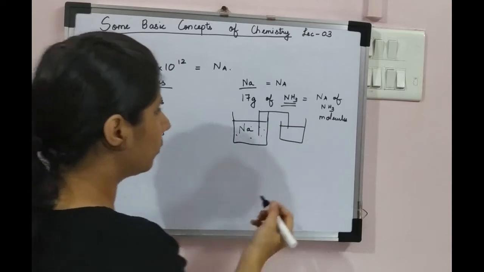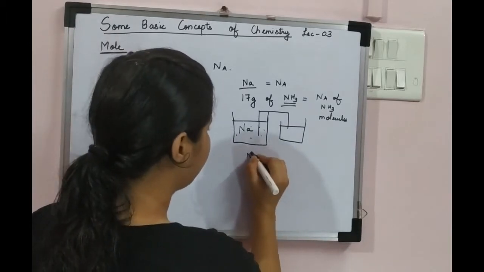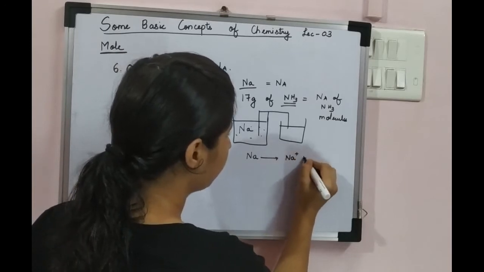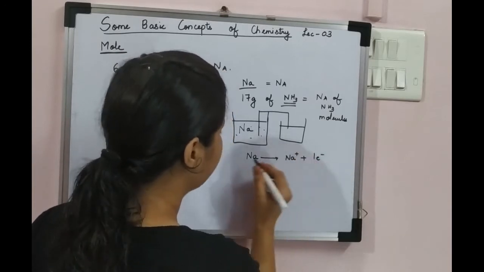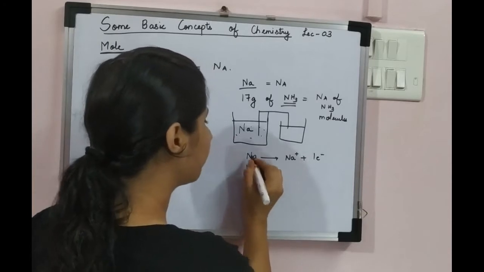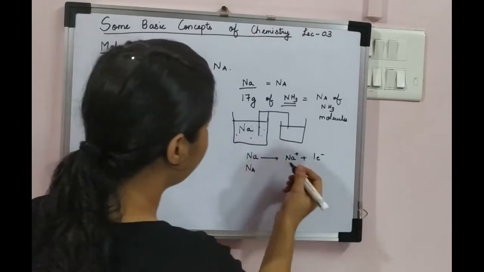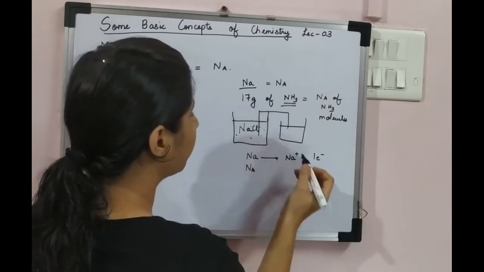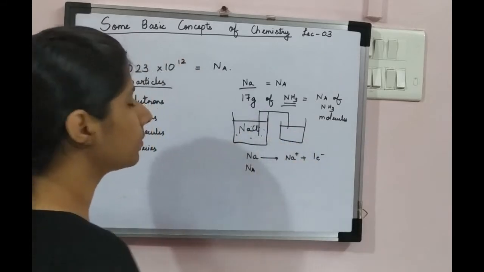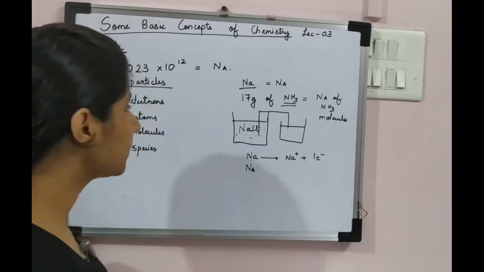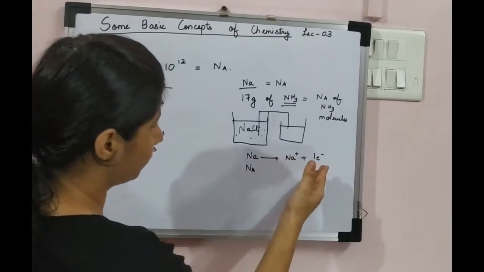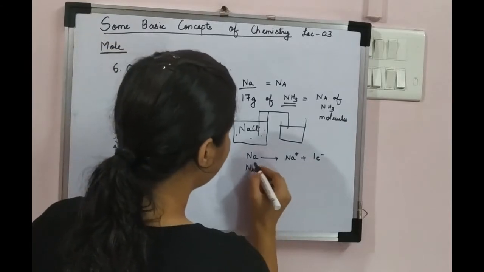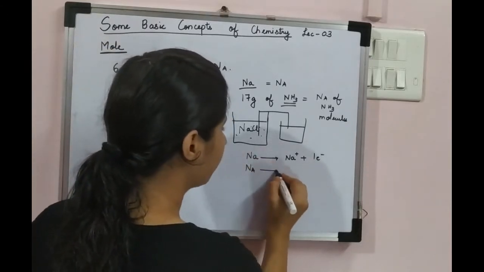Na gives Na+ plus 1 electron, right? Now I have taken Avogadro number of atoms of Na, and I have NaCl in the solution. When it gets into the solution, it dissociates into Na+ and an electron, which is taken by the chlorine atom, right?